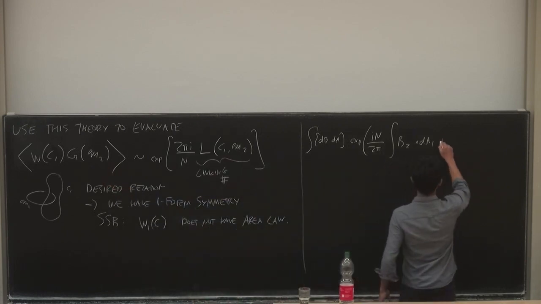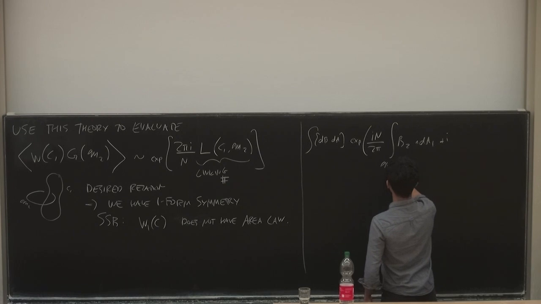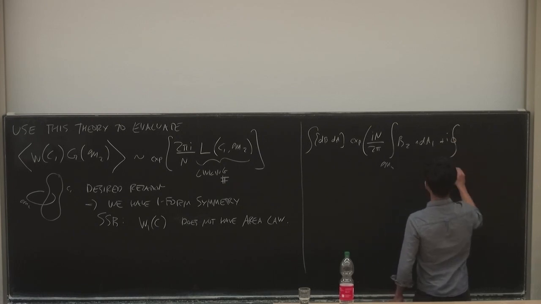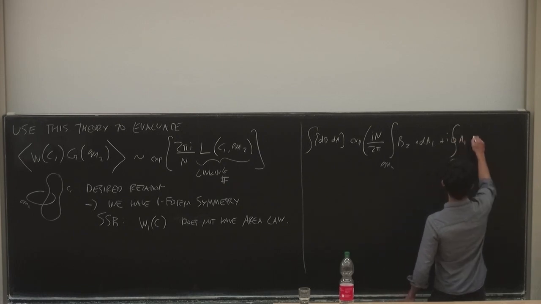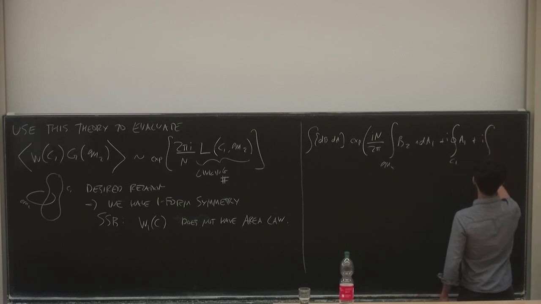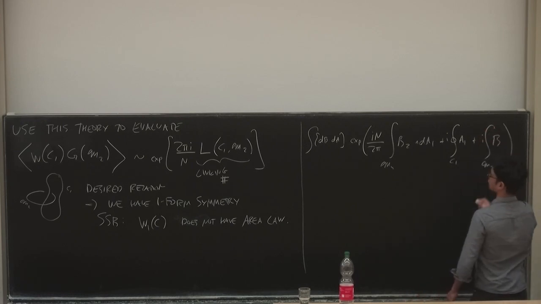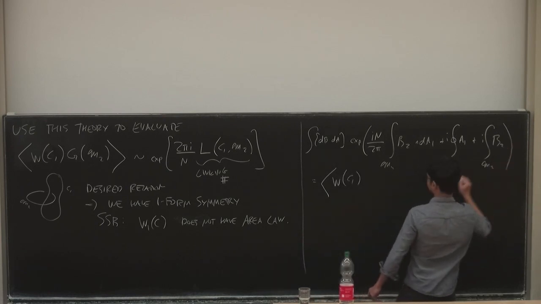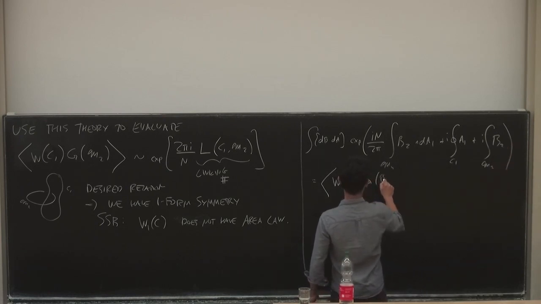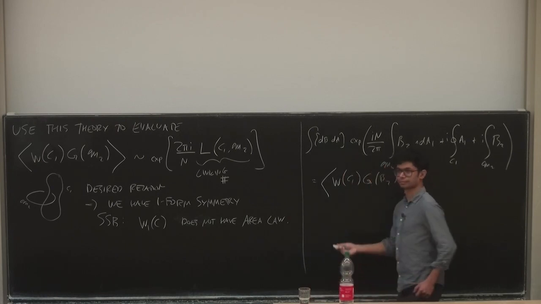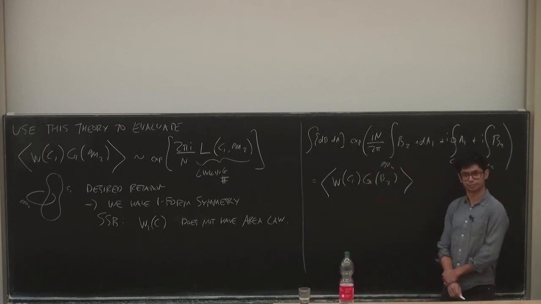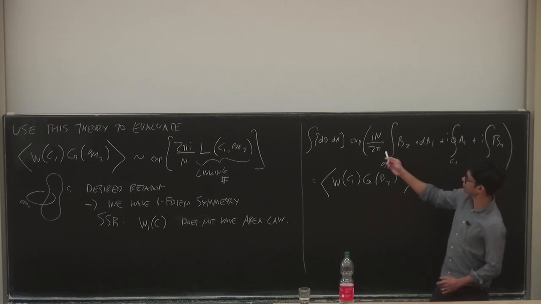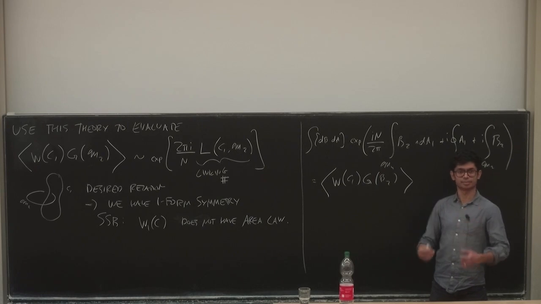I should also add plus i A1 and plus i M2 B, over the full 4-manifold. And this is that expectation value, W of C1, G of B2. Does that make sense to everybody? All I've done is put in the definition of these two operators and used the action, which says you should weight this by that.